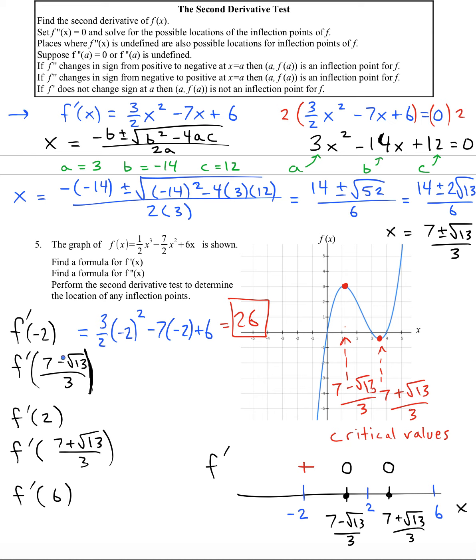The derivative at our critical point here, well, we already know that's going to be 0. I don't have to plug it in to know that. F prime of 2 will be 3/2 times 2 squared minus 7 times 2 plus 6.